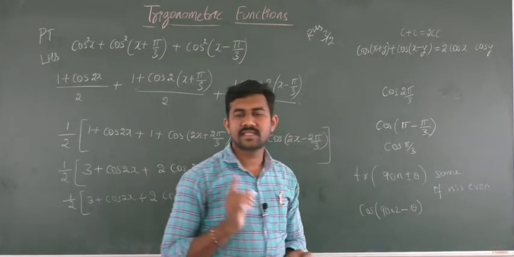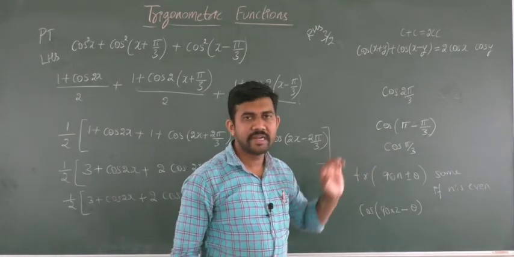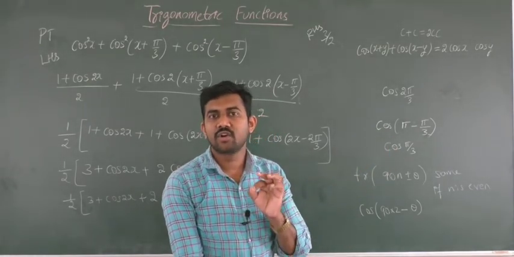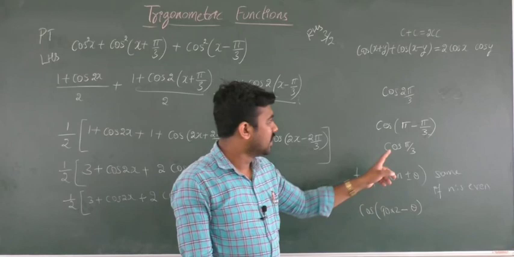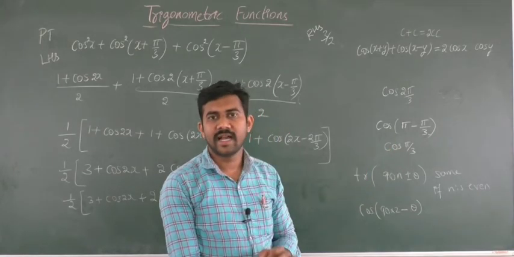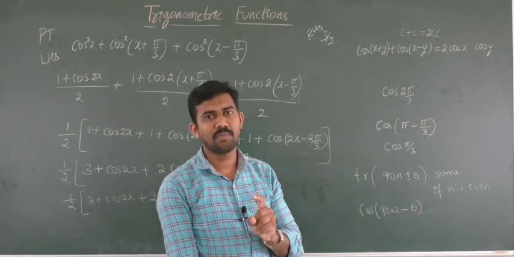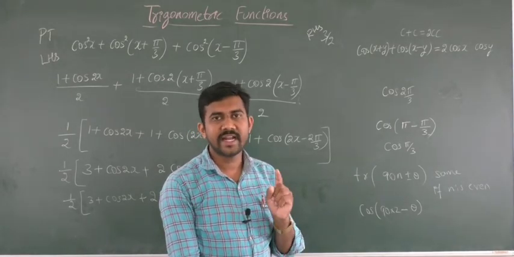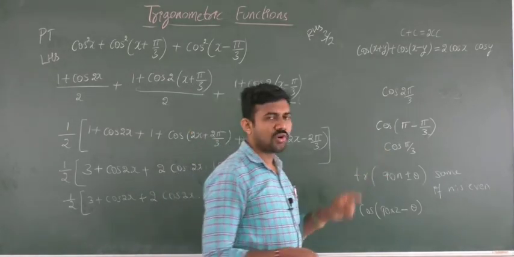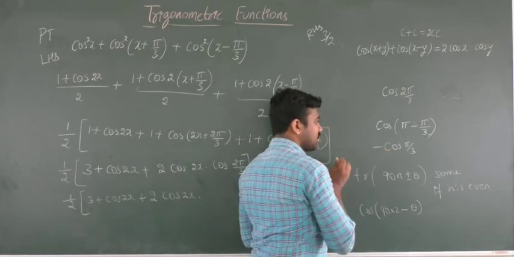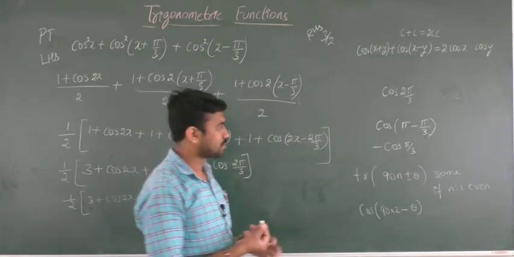And the sign of the trigonometric function depends on the quadrant. So here it lies in the second quadrant. As you know, the ASTC rule, all students take copy: in the second quadrant, sine and cosecant are only positive, so cos is negative, so this is minus cos pi by 3.